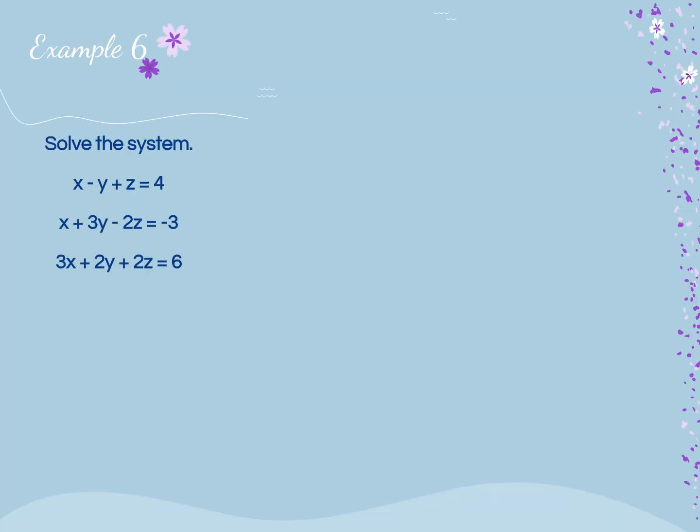So we have two more examples going on here in example 8. Let's do this one. We're going to come over to here, and again, we're going to go first two: x minus y plus z equals 4, and x plus 3y minus 2z equals -3.